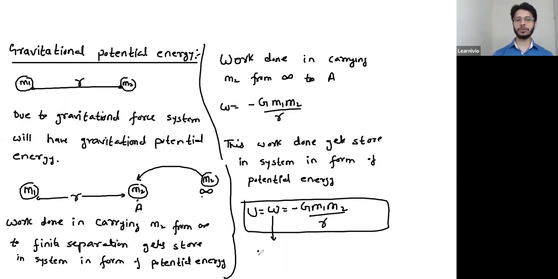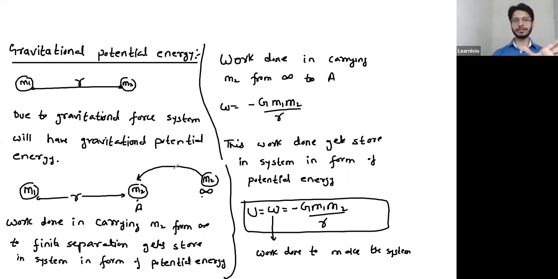Sometimes this work done is also known as work done to make the system. When m1 and m2 were at infinite separation apart, there was no interaction between them, no work done, and no system.